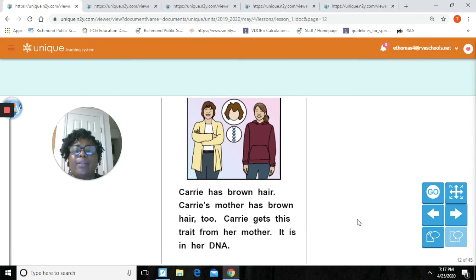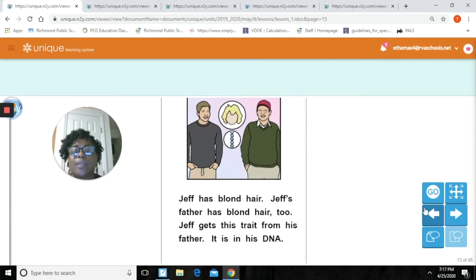Carrie has brown hair. Carrie's mother has brown hair too. Carrie gets this trait from her mother. It is in her DNA. Jeff has blonde hair. Jeff's father has blonde hair too.